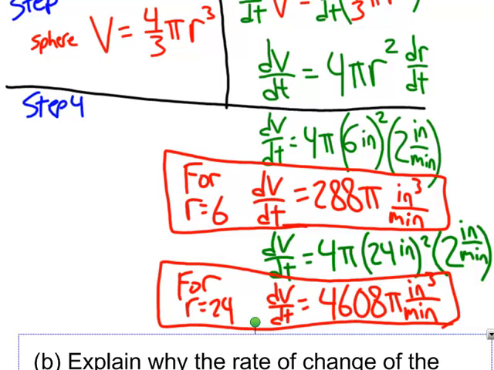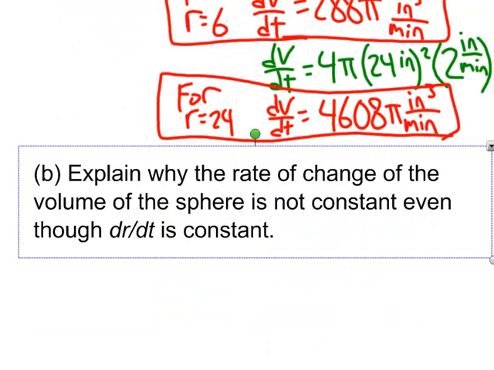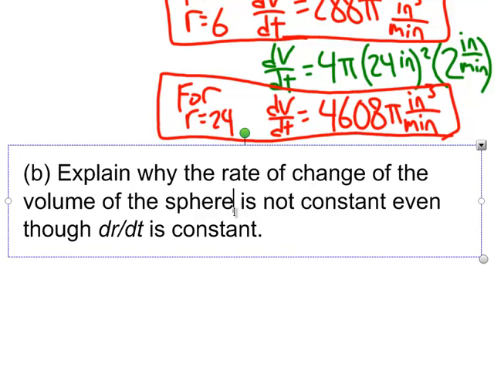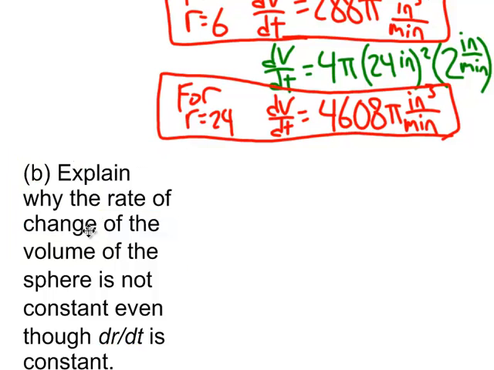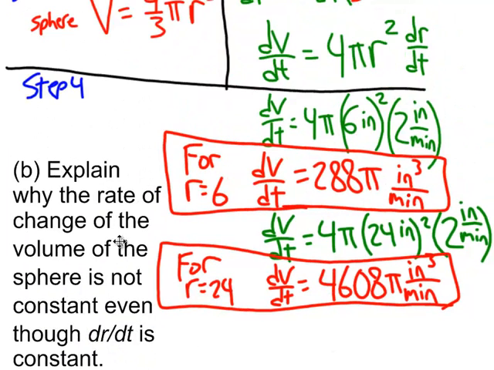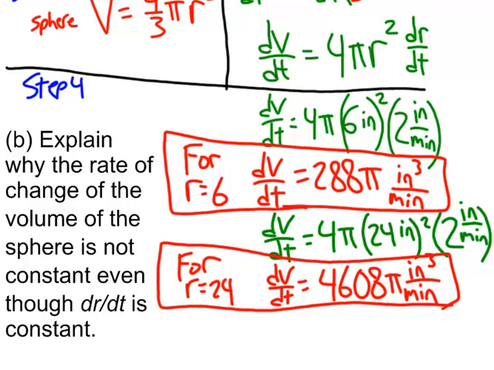Explain why the rate of change of the volume of the sphere is not constant, even though dr over dt is constant. Well, that goes back to an equation that we came up with in this process. Let's look at this equation right here.